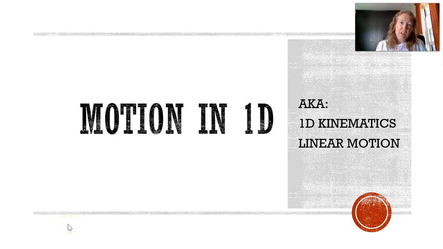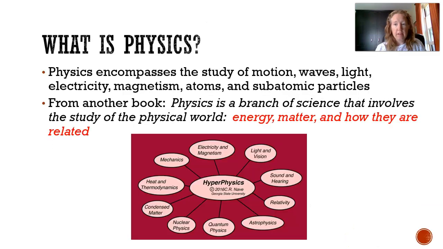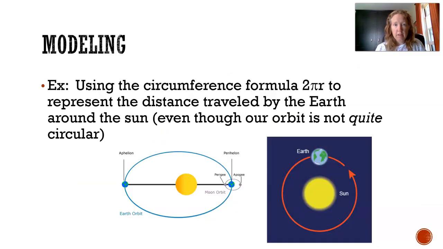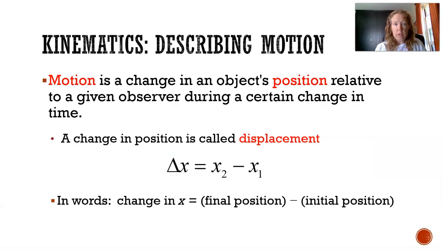Okay, we are starting off with motion in one dimension, which is also known as one-dimensional kinematics or linear motion. And I'm going to skip right into the slides on 2-1 from your textbook.